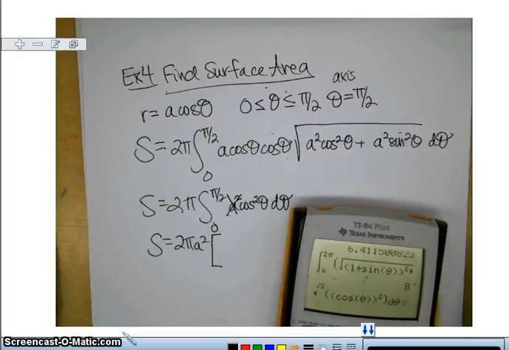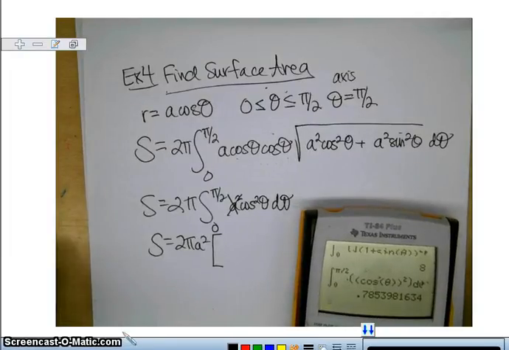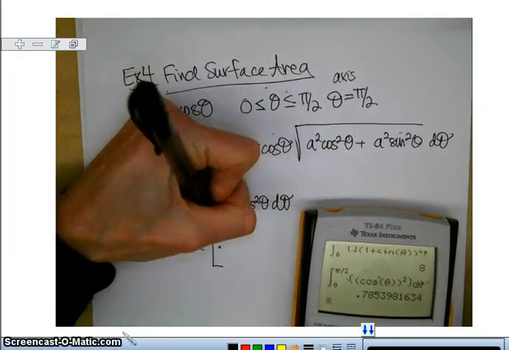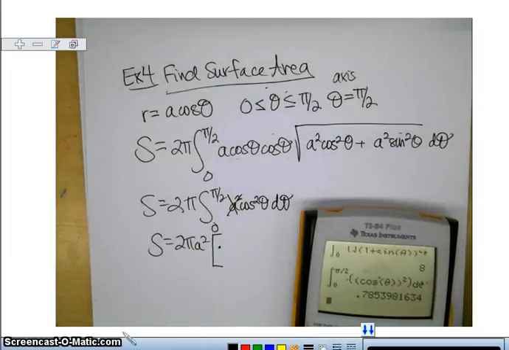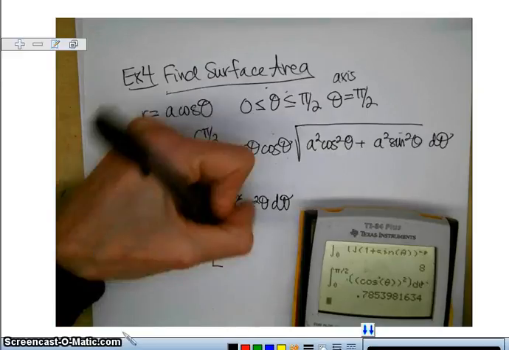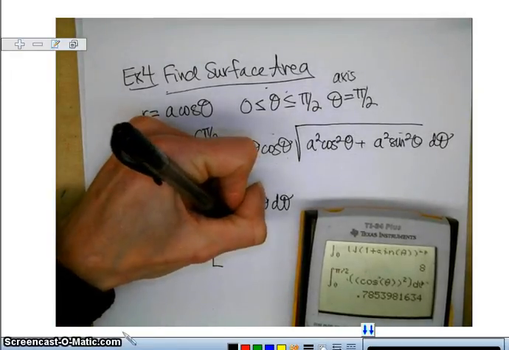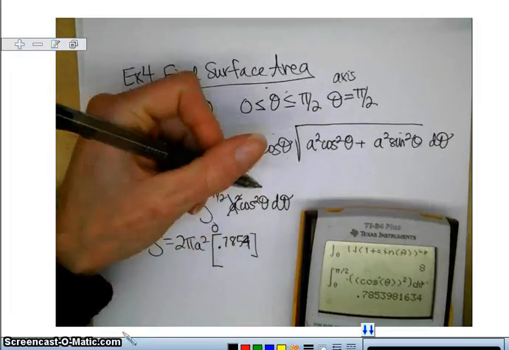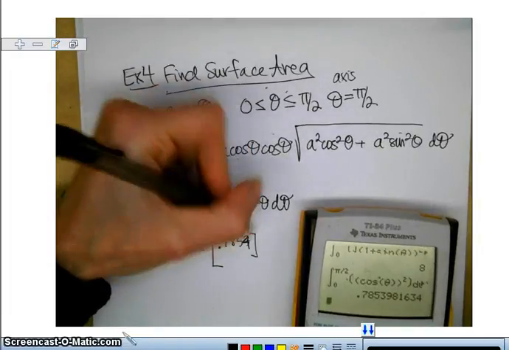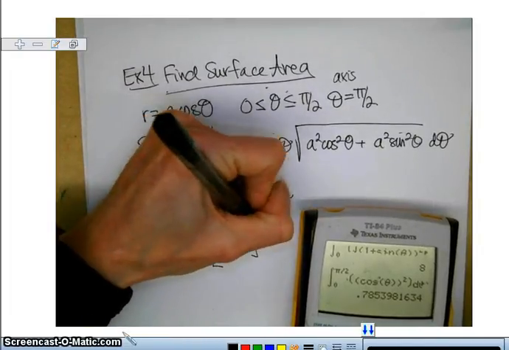He's taking all the fun out of it. Well, that one's not as beautiful as the last answer. I wonder if that changes to a fraction. No? Okay, point 7853, 7854. That's pi over 4? That's what I thought. Okay, so pi over 4, because that'll make our answer a whole lot prettier.